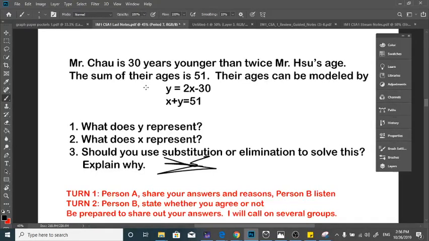So how we can kind of understand this? We have two quantities, and then we have a few statements here, and then a word. Is means equals. And then 30 years younger. So that means we're going to have a minus 30 somewhere, and then twice of something. We don't know what that something is.